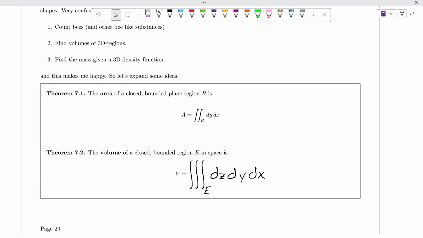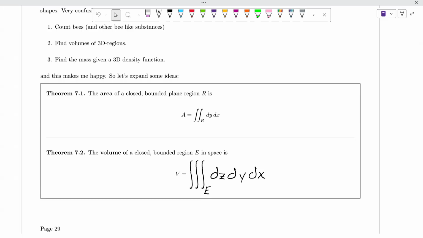So it's also worth focusing on the type of region that we integrate each time. Single integral, we integrate over an interval. For a double integral, we integrate over some two-dimensional region. And for a triple integral, we'll be integrating over a three-dimensional solid.